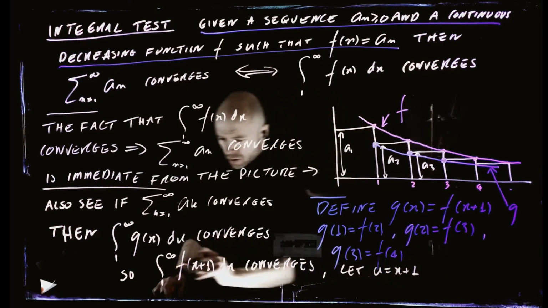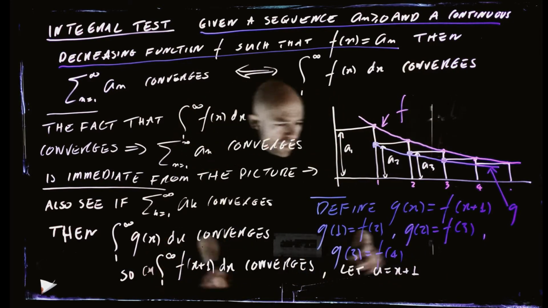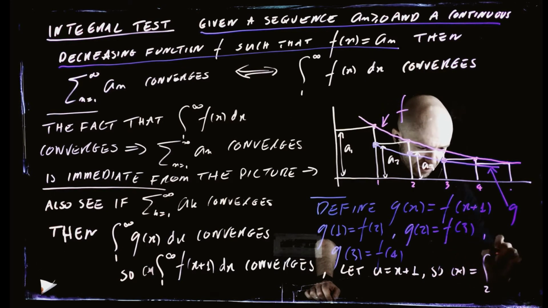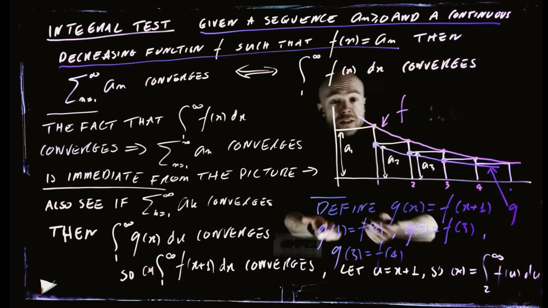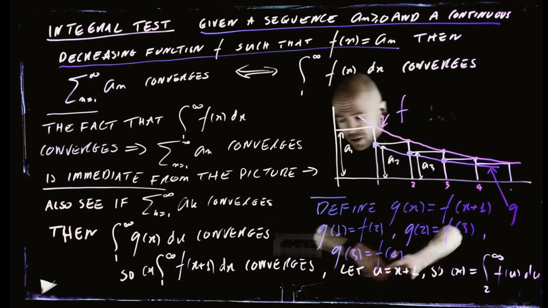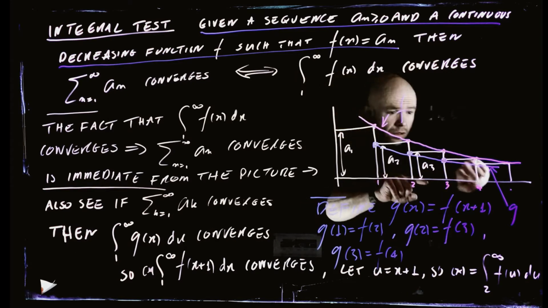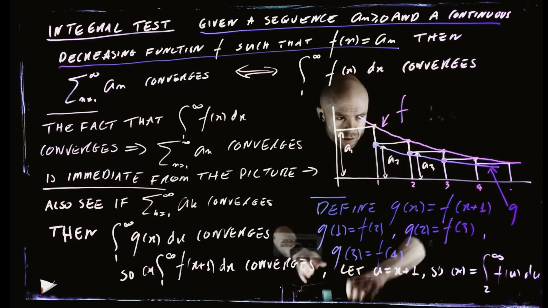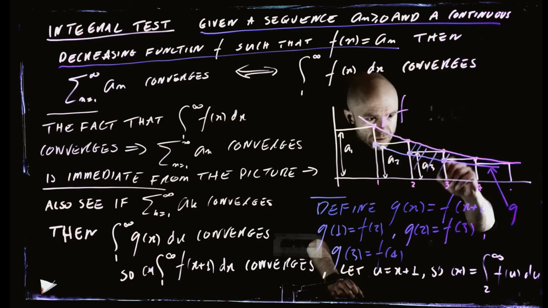And then this integral, let's call this thing star, is equal to the integral from 2 to infinity of f of u du. In other words, it's the area of the graph from 2 to infinity of our function f, which I'm going to put here. So it's this area.